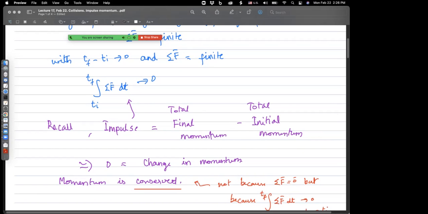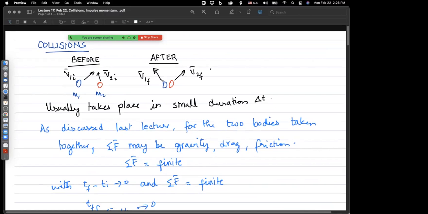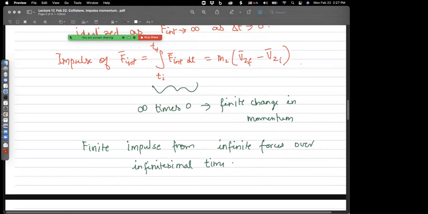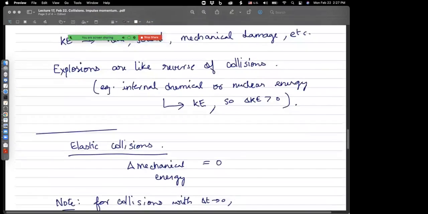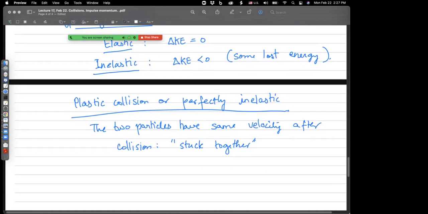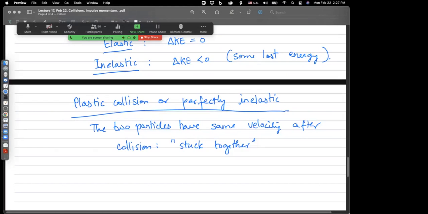If they started out with some initial momentum, the final momentum should be non-zero, which means they need to have some velocity. But if the velocities are the same, that's the worst case scenario in terms of loss of energy. That's called a plastic collision or perfectly inelastic collision. Any questions?